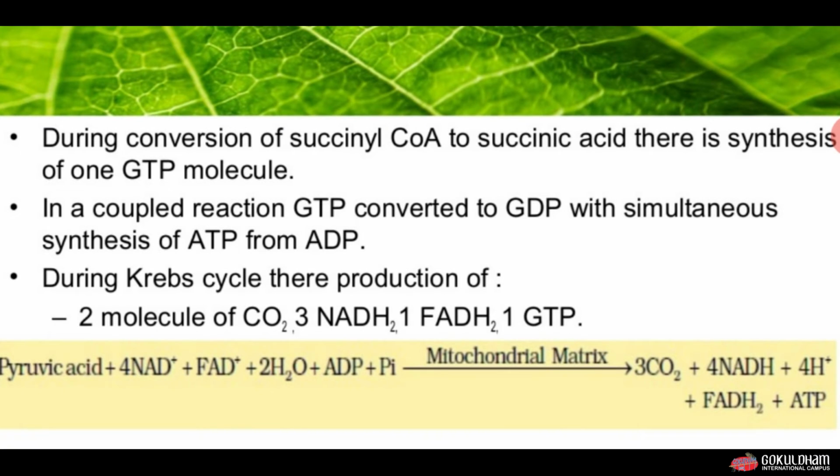During conversion of succinyl coenzyme A to succinic acid, there is synthesis of 1 GTP molecule. It means it produces 1 GTP molecule when succinyl coenzyme A is converted into succinic acid.